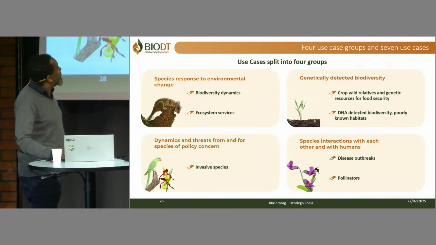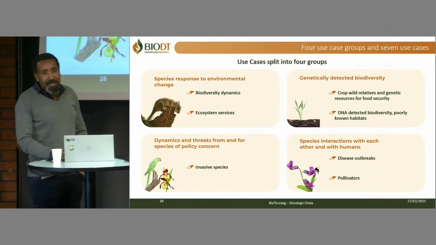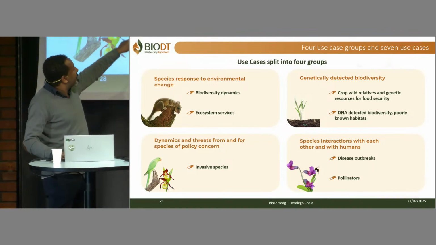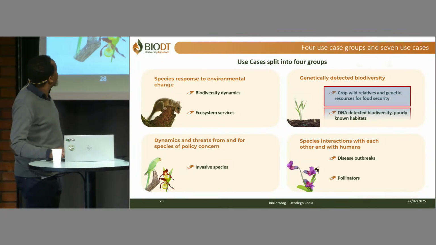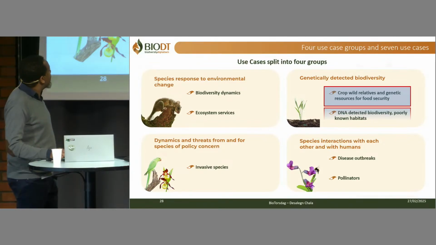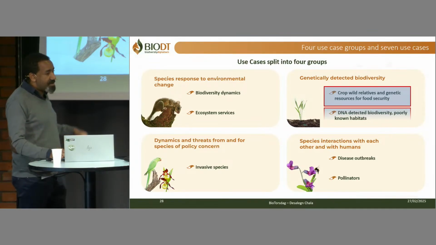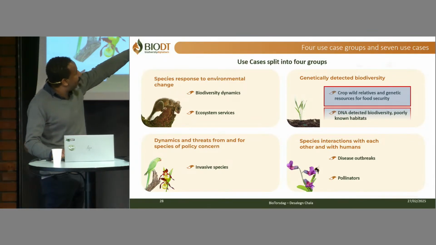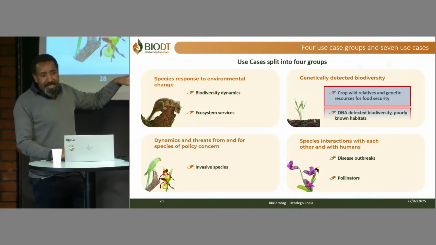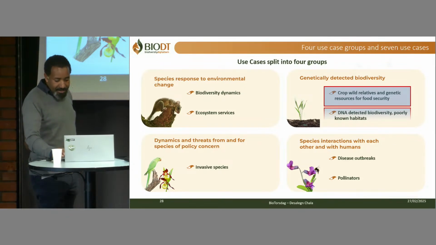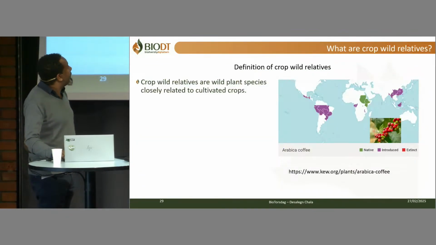This project is developing digital twins around 7 use cases. These include biodiversity dynamics, ecosystem services, one on invasive species, and one on crop wild relatives. That is the part which is handled by us at the University of Oslo Natural History Museum, and so that's what I'm going to talk about.